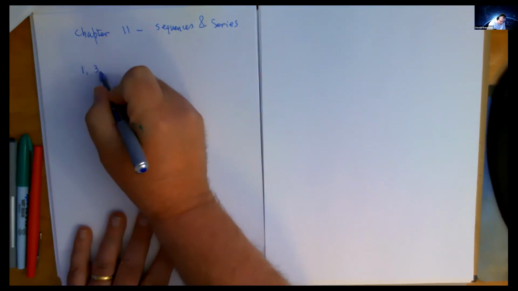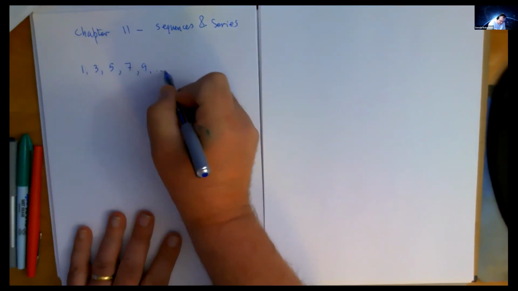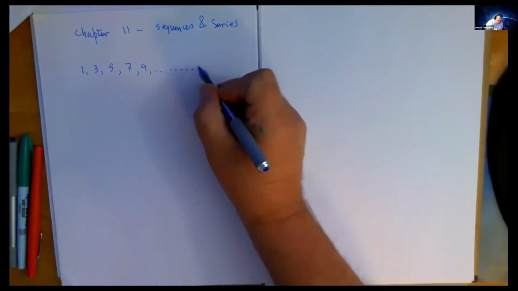So, this is an intro, so I just want to get as much of the vocabulary out of the way. That's a list of numbers that has a pattern to them, right? That's called a sequence.